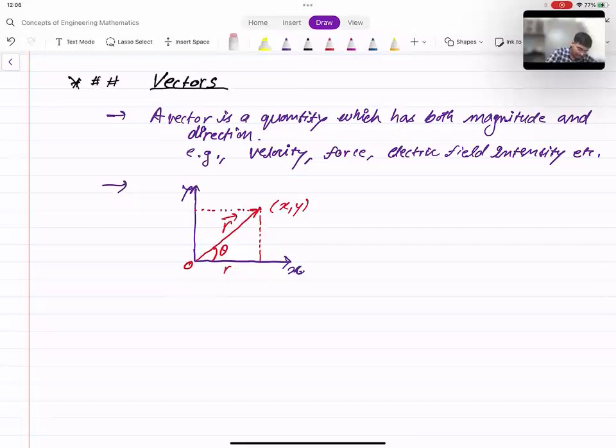Say this magnitude is Rx, and this distance is Ry. So as I said, to locate this point, we can say that this point is located at a distance Rx in the x direction and at a distance Ry in the y direction. If we write both of these things jointly, then it will be in the form of a vector.